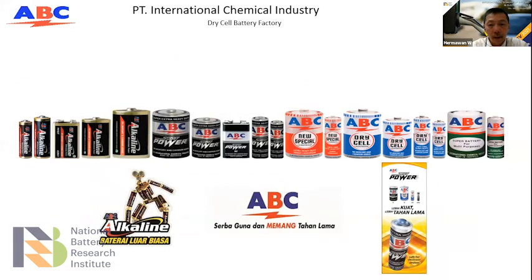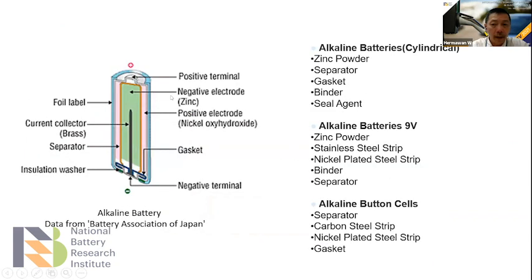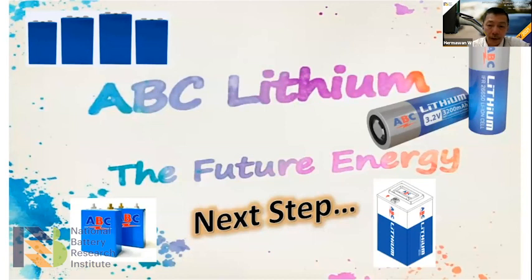The core of our business is alkaline battery and zinc carbon. Inside the zinc carbon like this, and this alkaline battery inside of that. And the new product from us is lithium, called ABC lithium. This is the future energy, our next step.